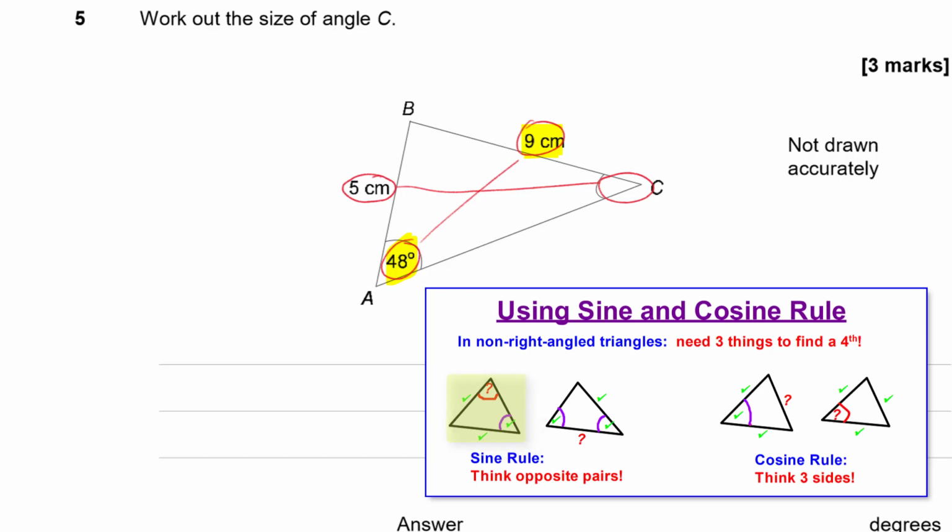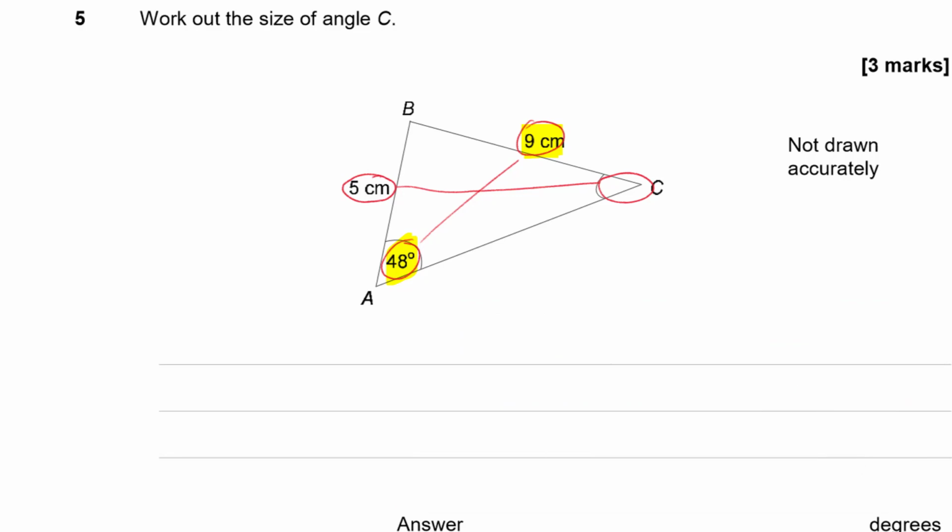So let's just write out the sine rule in terms of this question. Now the thing we want to find is the angle, so we're going to write the angles on the top. Now the big full sine rule has got three parts, isn't it? Sine A over A equals sine B over B, which is equal to sine C over C, but we only ever use two parts of it.